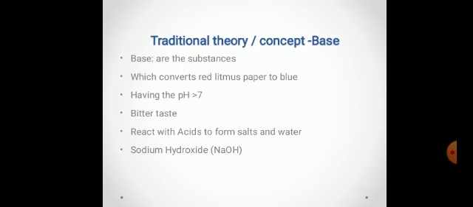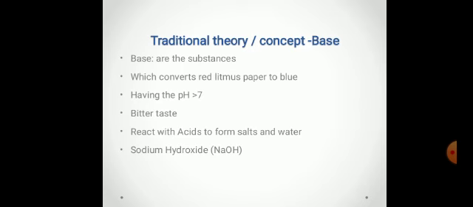The pH of a basic solution or base is greater than 7. A base gives a bitter taste, and when it reacts with an acid, it forms salt and water. An example of a base is sodium hydroxide.